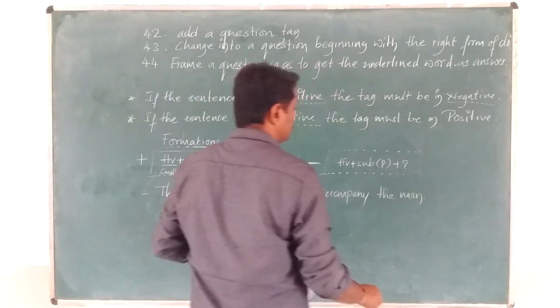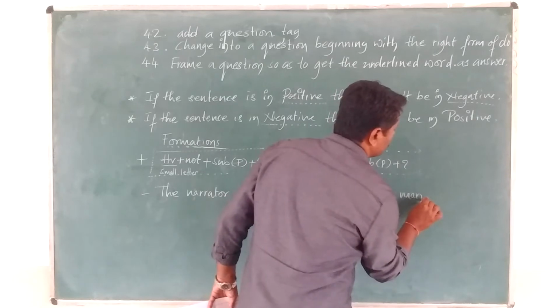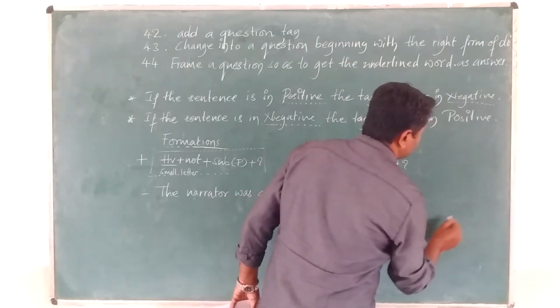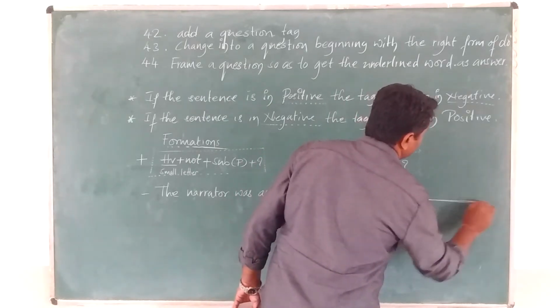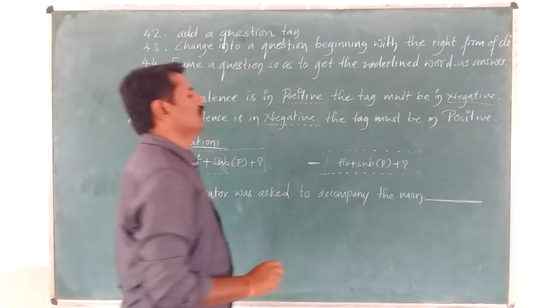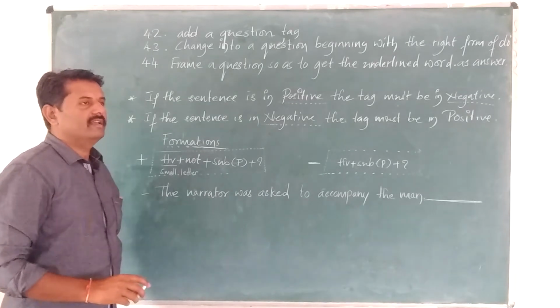So like this, they give you lines after the sentence. They give a space like this.